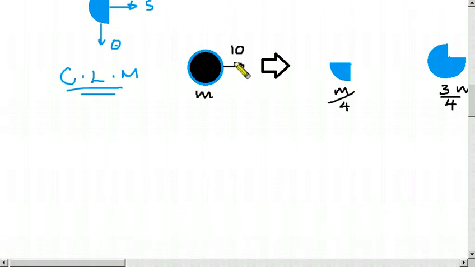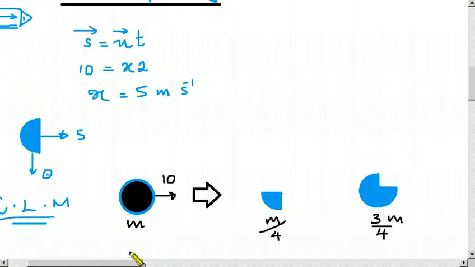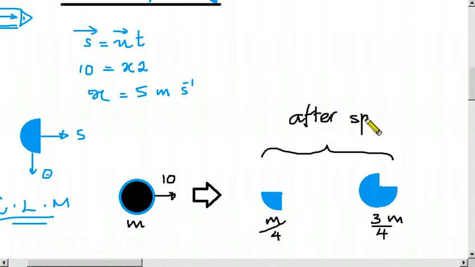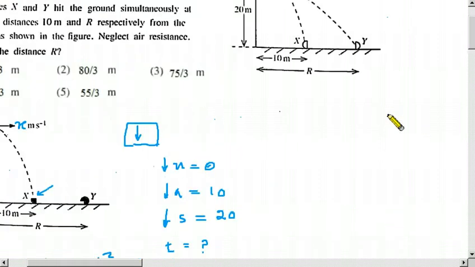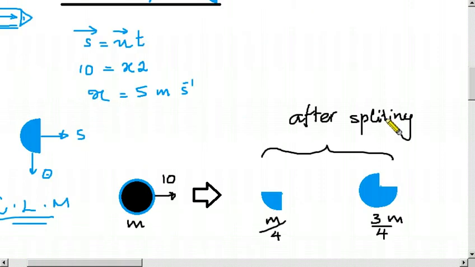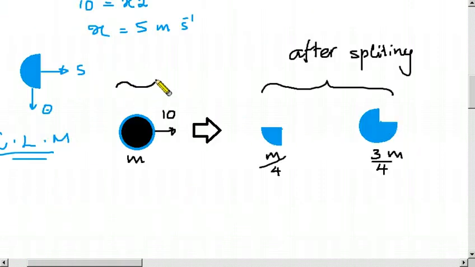That is why we have drawn this diagram before the arrow. After the arrow is after splitting. This one after splitting. This one before.